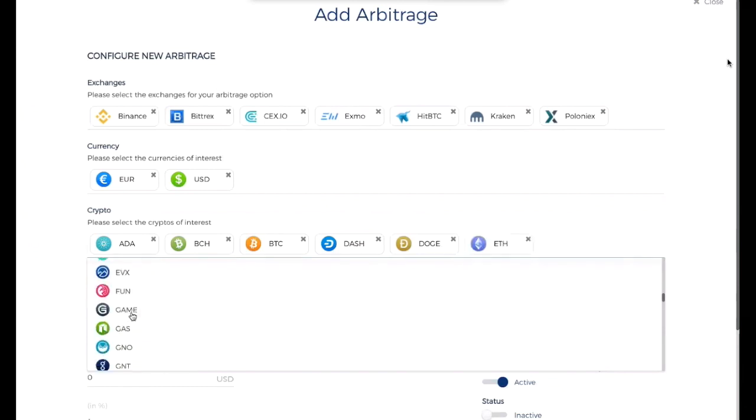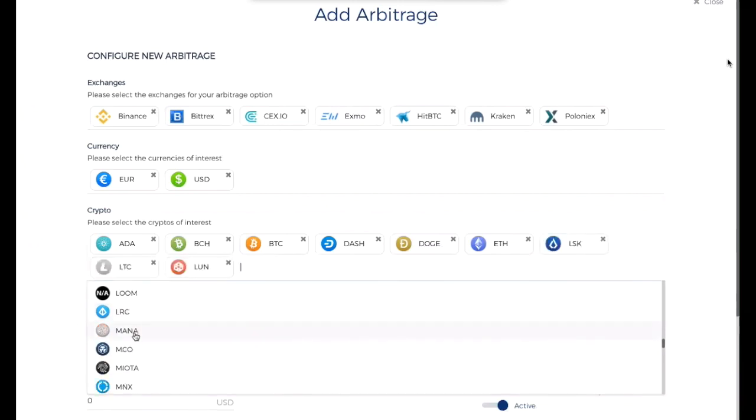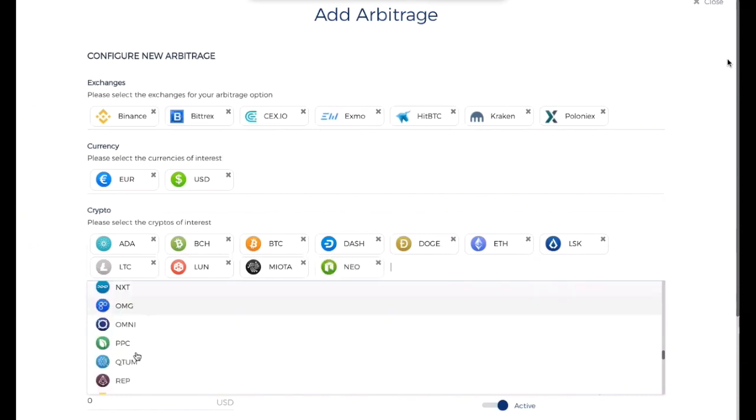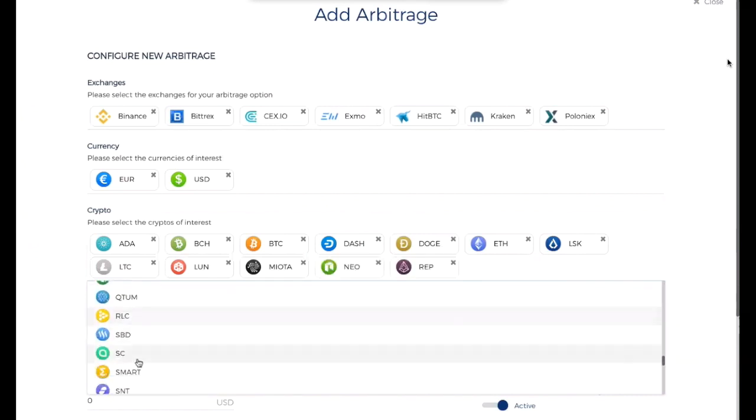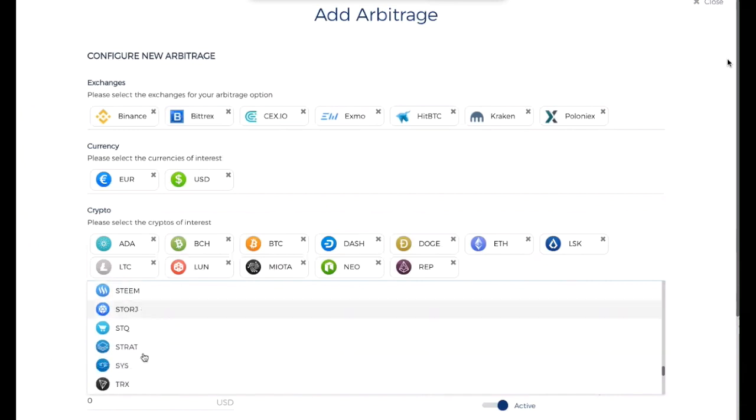I choose, and now it is important that if I don't have, for example, Zcash in the portfolio, I still choose it. I will now explain why I choose this. Because if it isn't there, then nothing will happen. And if I choose it here, then the program will tell me certain things that we will see. Here it isn't.